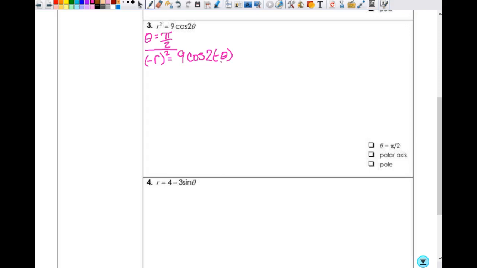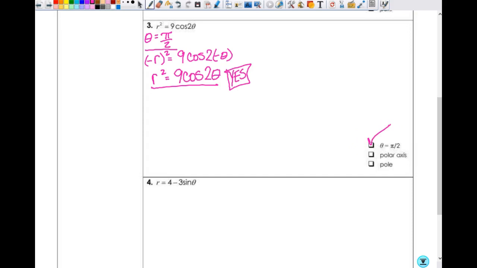Make sure you're on number 3 and not on number 2. I skipped number 2. So what's negative r squared? R squared. So r squared equals 9, and then cosine of a negative theta is cosine theta. So this is cosine of 2 theta then. Does that look like what we started with? Yes. Okay. So this is a yes, and we have this symmetry here.